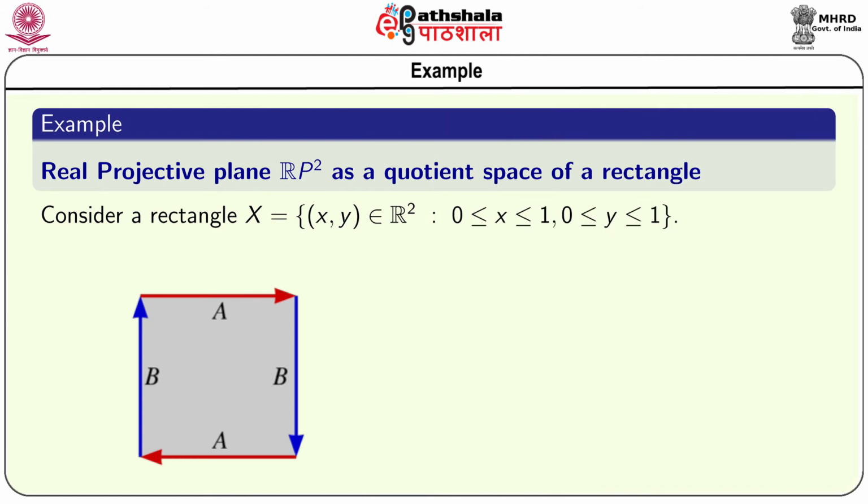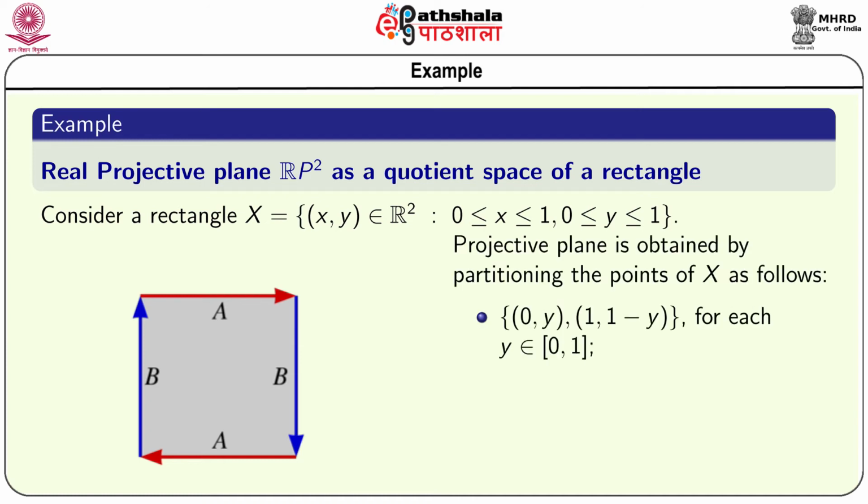Now, in case of real projective plane, we take the same rectangle, but in this case the identification is exactly the way it is drawn in the rectangle. We are identifying the point 0 y with 1 minus y. That means, while identifying the vertical edges, rather than gluing the vertical edges directly, we are reversing the direction, and the same thing is done for the horizontal edges.